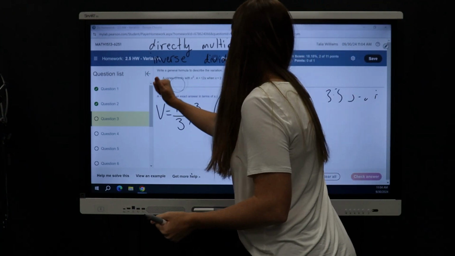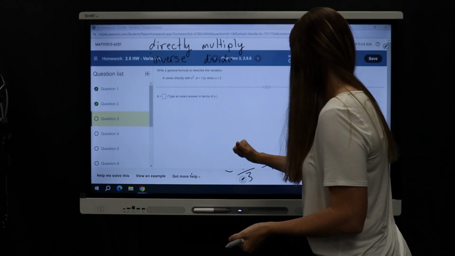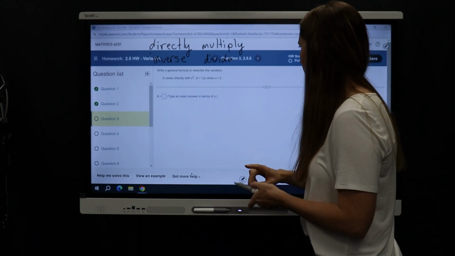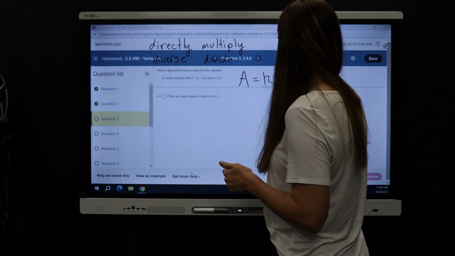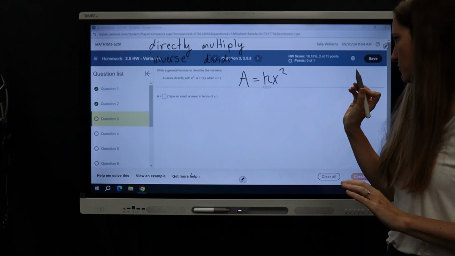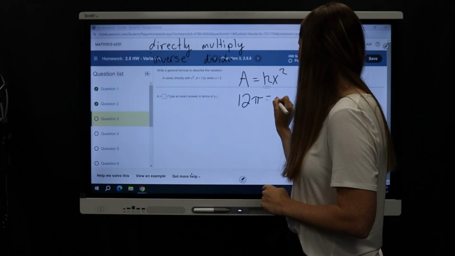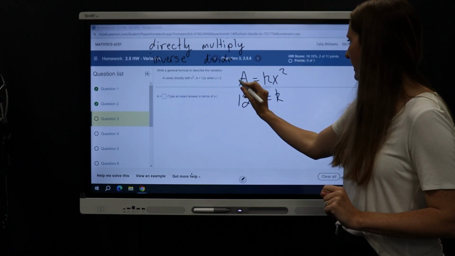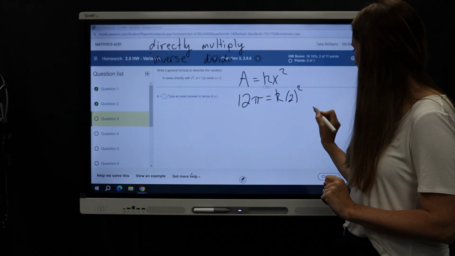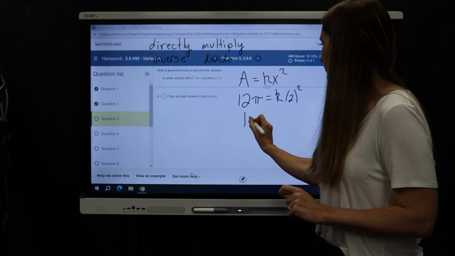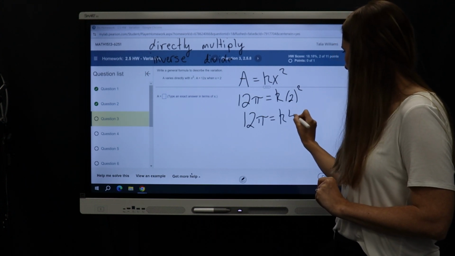Okay, get rid of these. A varies directly with x squared. That's a weird k. So A is 12 pi, equals, we're solving for k, and x is squared, so we're going to have 2 squared. 2 squared is 4, so I have 12 pi equals k times 4.